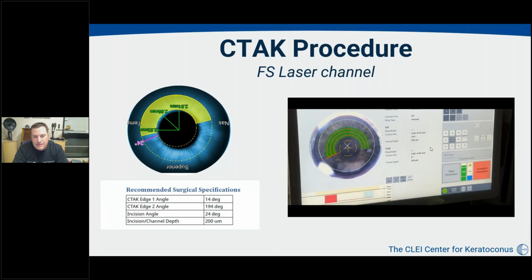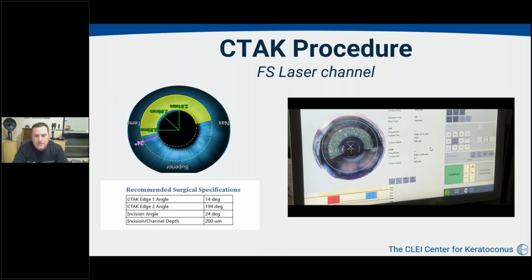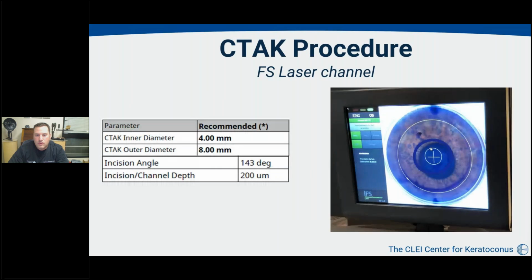It is not necessary to make a channel that is specific to the exact dimension of the inlay. You can definitely make a 360-degree channel, which is what most femtosecond lasers will do, and the CTAK inlay will work just fine. So here's another example where I used the IFS laser from Johnson & Johnson, and here you do have to make a 360-degree channel, which works fine.